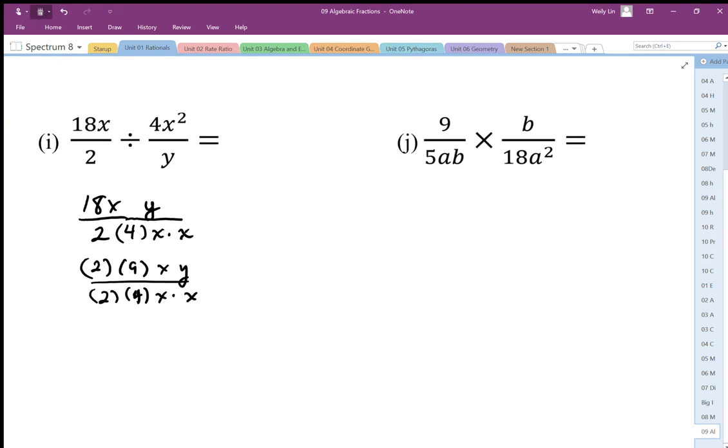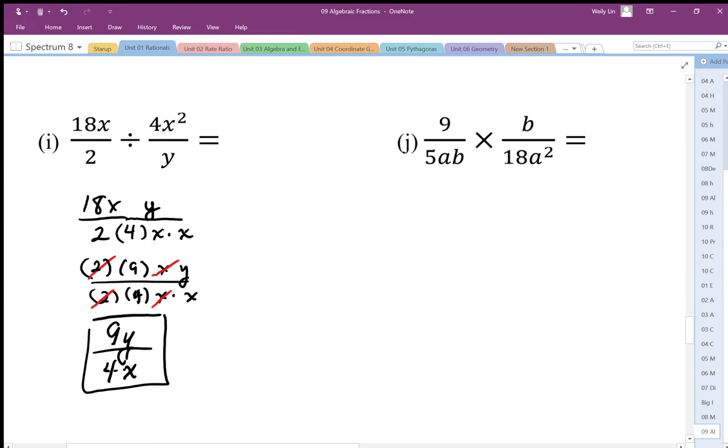The 2's are common, so times 2 divide 2 cancel, times x divide by x cancels. So then I just combine all the top, times 9 times y divided by times 4 divide by 4 divide by x. Okay, so there's my final answer here.